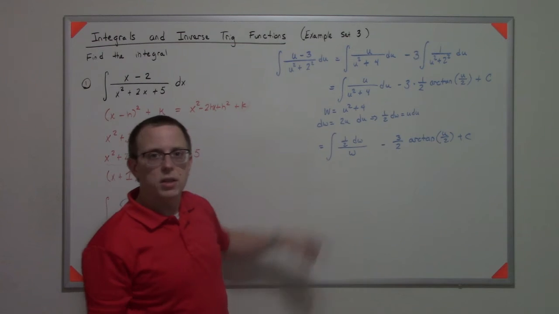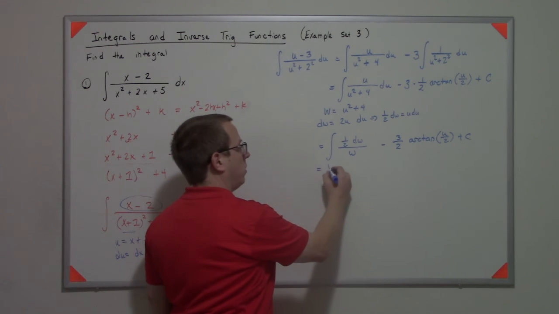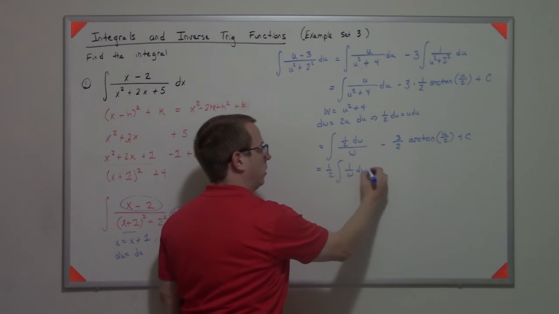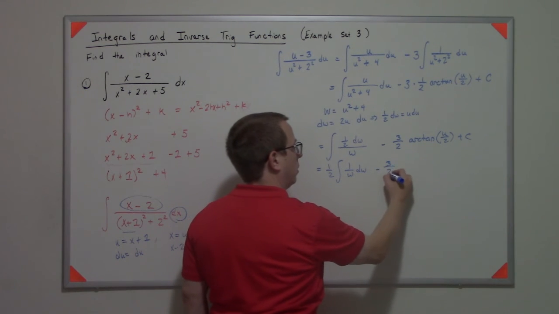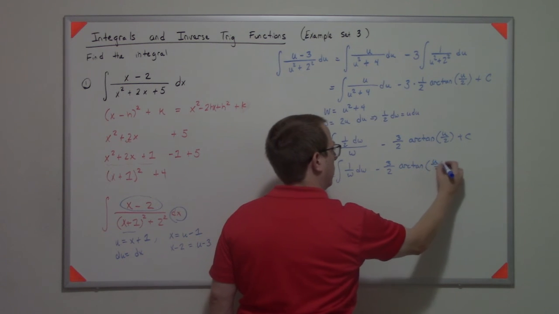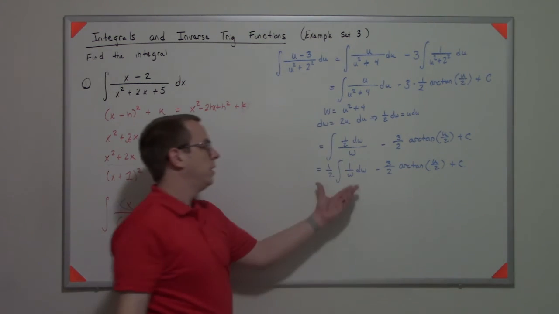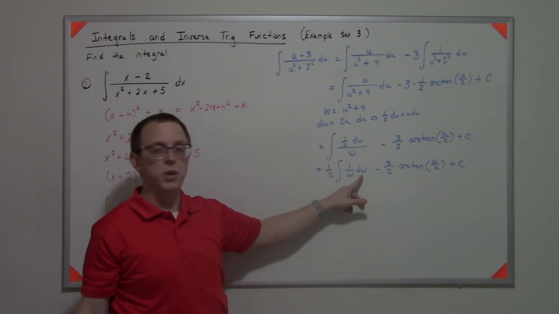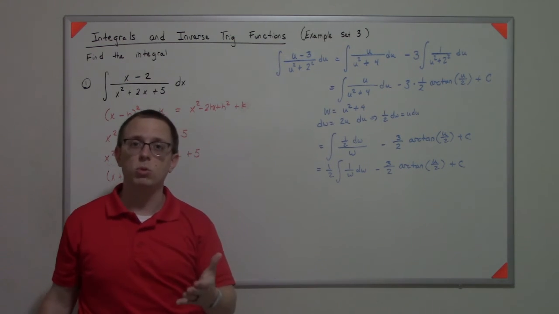So I'm going to rewrite this a little bit. I'm going to pull the 1/2 out. Well, we recognize this, hopefully. 1 over something, d something. That's the natural log.